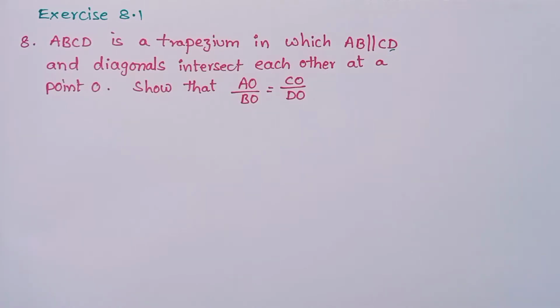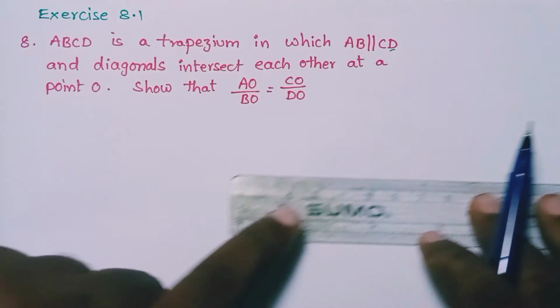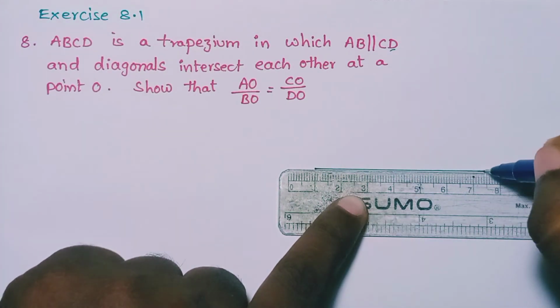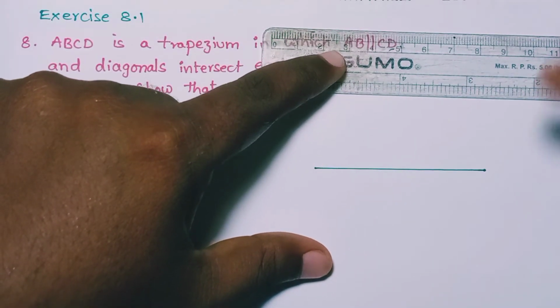Let us draw the diagram of a trapezium in which AB is parallel to CD.